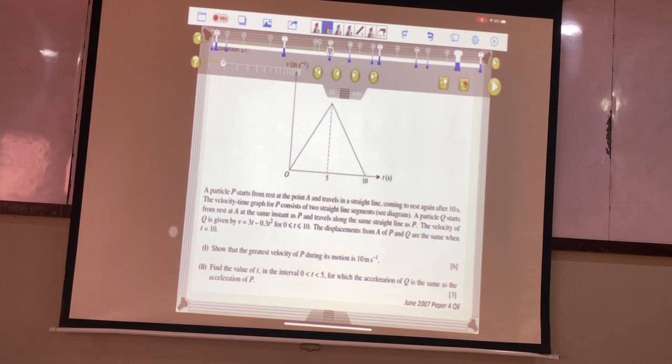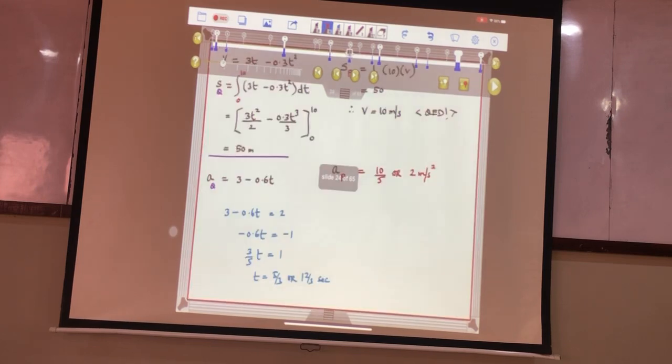What is it asking now? Find the value of t in the interval 0 to 5, for which the acceleration of Q is the same as the acceleration of P. Acceleration of Q is the derivative of the velocity expression. Acceleration of P during the 5 seconds remains the same because it's a straight line segment. Gradient is fixed, slope is fixed.